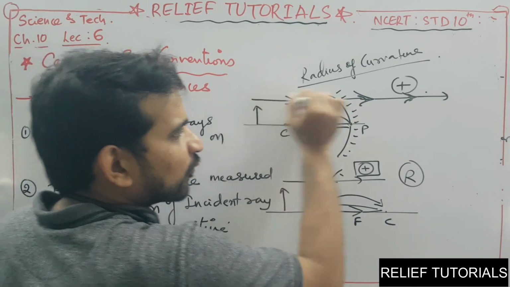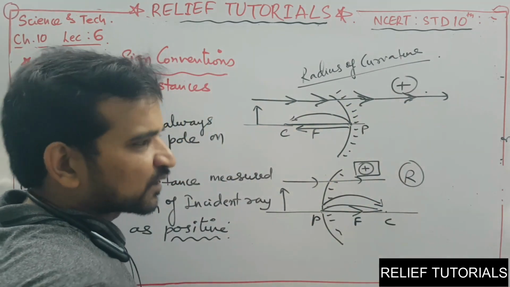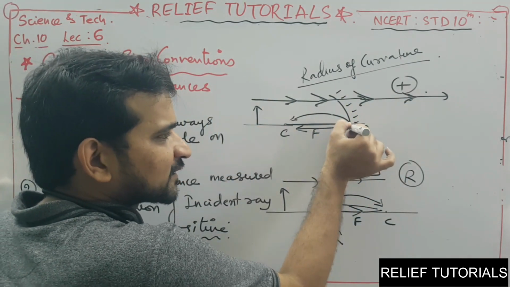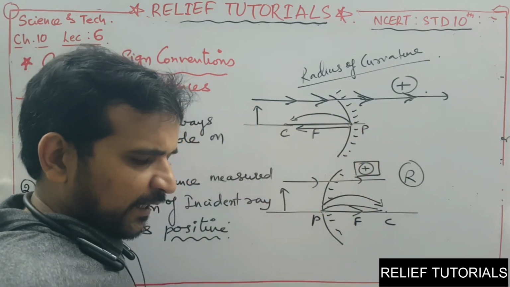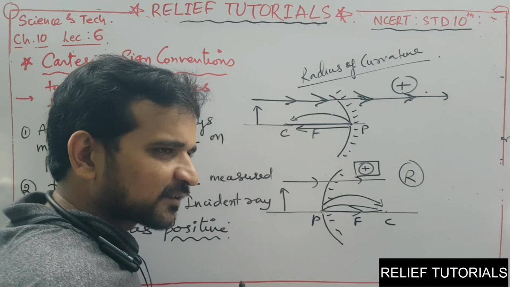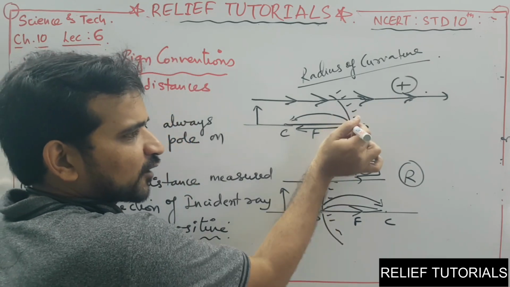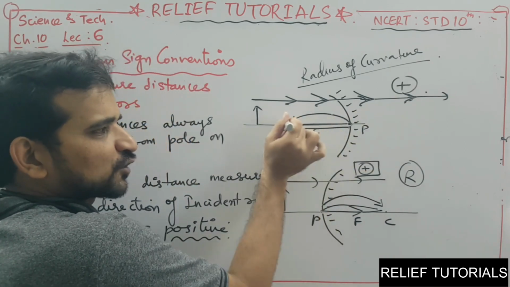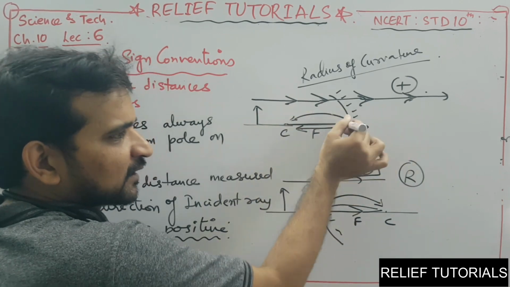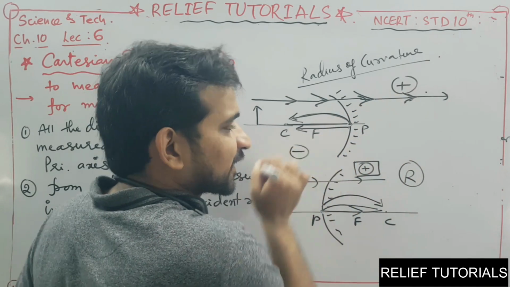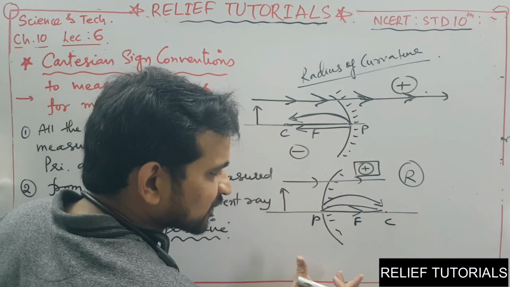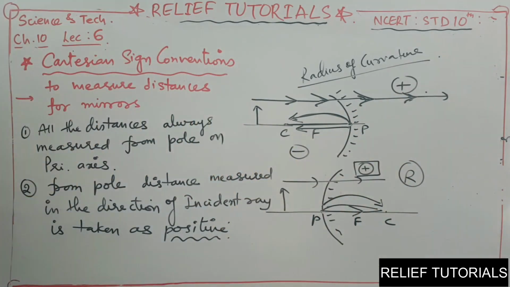Can you see it is opposite to incident ray? So if you are measuring any distance, first of all you make it clear that you are standing on pole, and from pole you decide in which direction you are going. So if you are going from pole to C or to F or anyone, in the direction opposite to incident ray, it is taken as negative. And in the direction of incident ray, taken as positive.